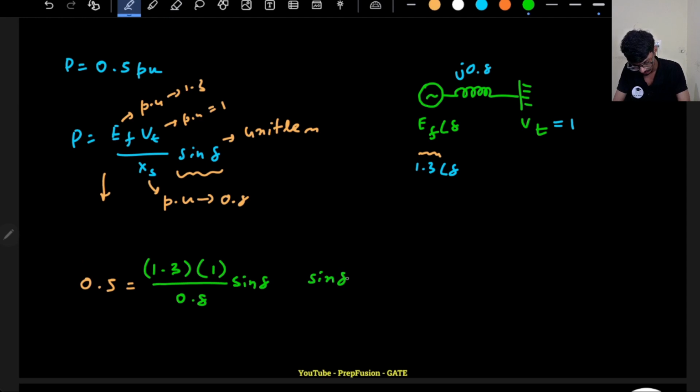From here I can easily find sine delta, and then delta. So delta is sine inverse of 0.8 into 0.5 divided by 1.3. So delta will be 17.92 degrees. So the first part is over.